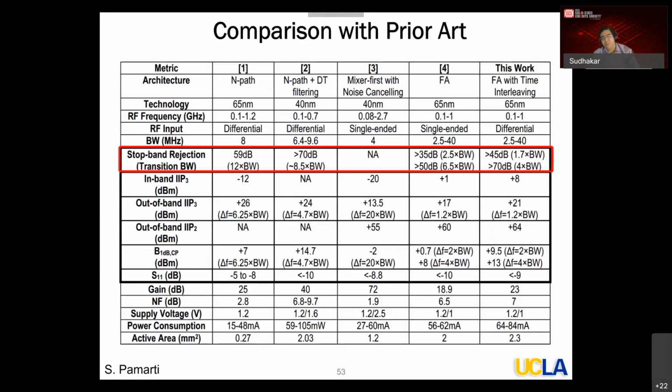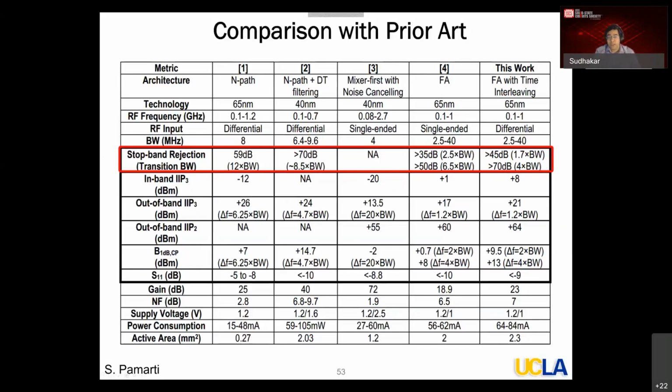So here is a comparison table. There's too much detail to go through in a talk, but let me focus your attention on the red box. Again, like I said, this is about 3 to 4 years older, but you can see that our stopband rejections are very, very sharp. We're able to get 70 dB attenuation and a transition bandwidth of only 4 times the bandwidth.